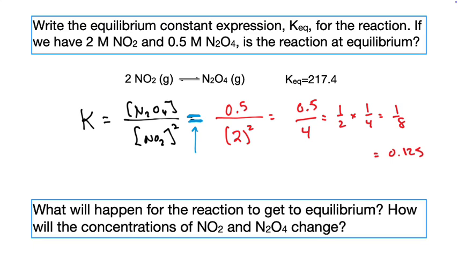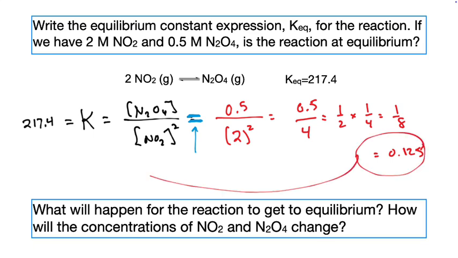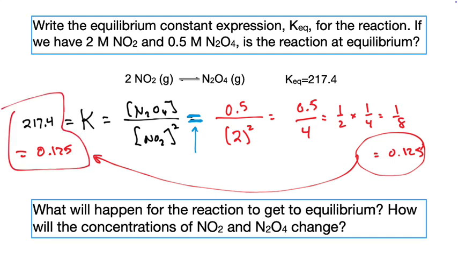So let's go back to that equal sign. What did we say K was? 217.4. If those were all equal signs, what I can do is bring this equals all the way over to here and say equals 0.125. Is that a true statement? No, that is false, so I did something wickedly wrong.